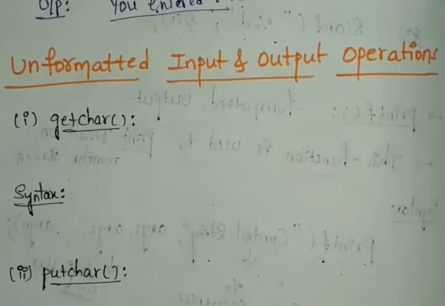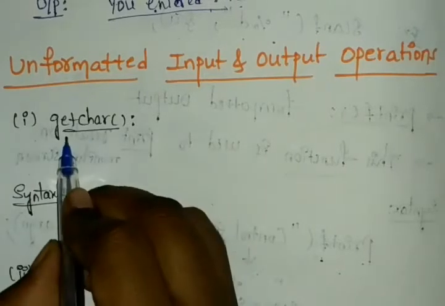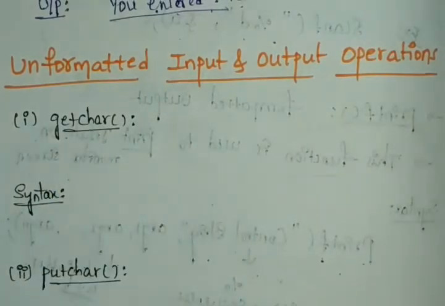Let's see, here we have a total of 6 types. The first one is getchar.